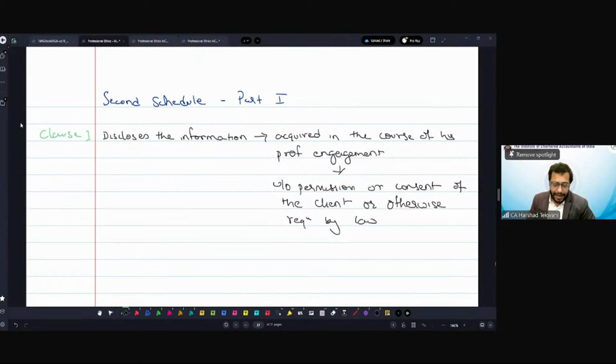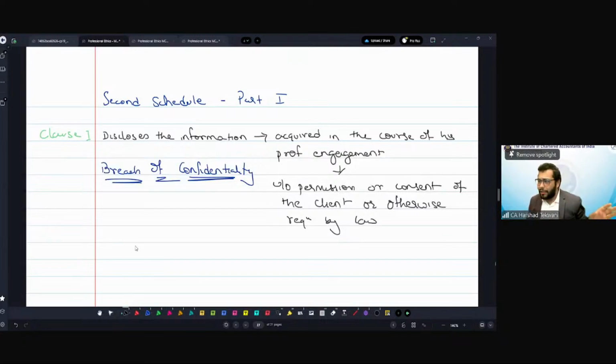So you can understand it's nothing but the breach of confidentiality. I'm just writing down a summary as of now. We will discuss clauses one by one in detail. Don't worry about that.